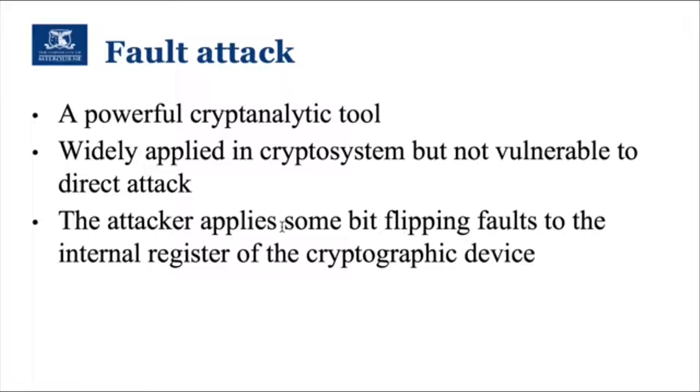In this attack, the attacker can apply some bit flipping to either the RAM or the internal register of the cryptographic device. However, the attacker has only partial control over their number, location, and timing.